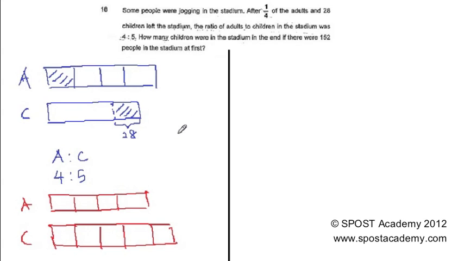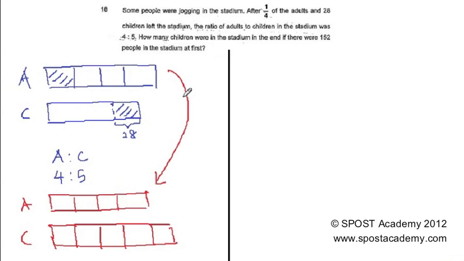Okay. So if you compare the before model and this after model, you will see that the 3 units of adults that's supposed to still be around in the stadium must be equal to the 4 units as compared to the children.